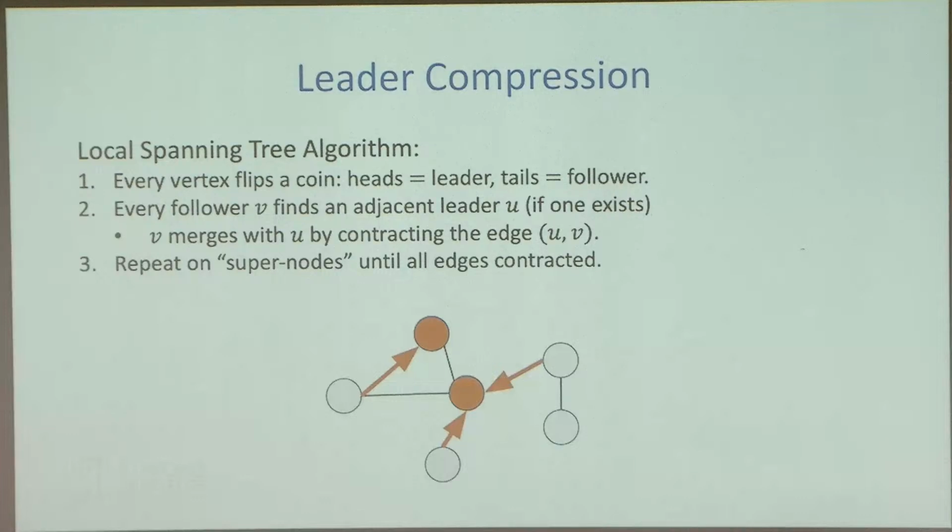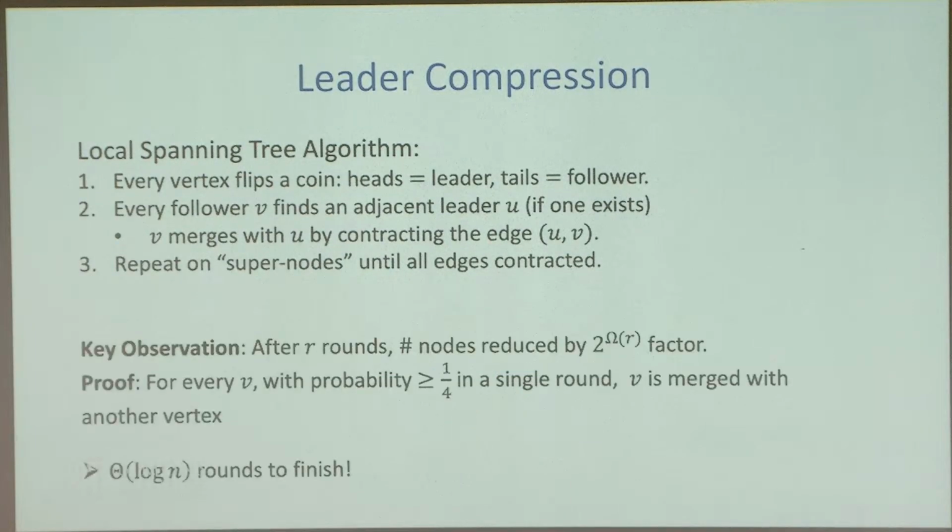If a non-leader has a neighbor which is a leader vertex, then you can just choose an arbitrary leader neighbor to merge with. In this way, you can imagine in every round, in expectation, you reduce at least 1/4 of the number of nodes. So if you do log number of rounds, then you can definitely find the connected components.